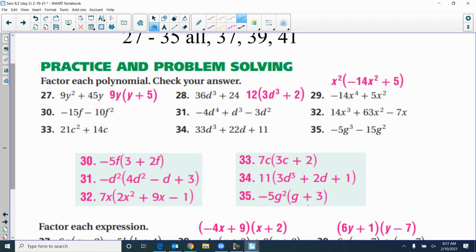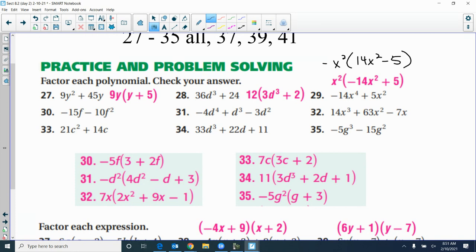If that first number is negative, I would actually prefer you to have a negative x squared, but they'll both work. So if you did negative x squared, and then it should be 14 x squared minus 5. Those are both the same. They're both equivalent. They're both correct.